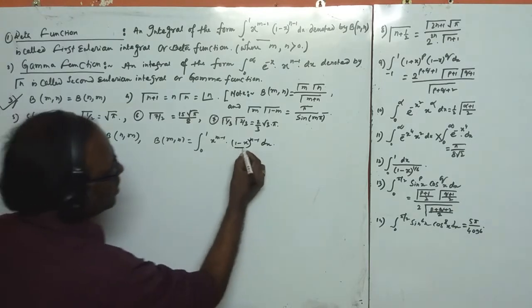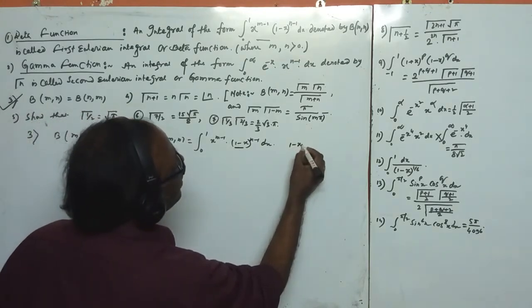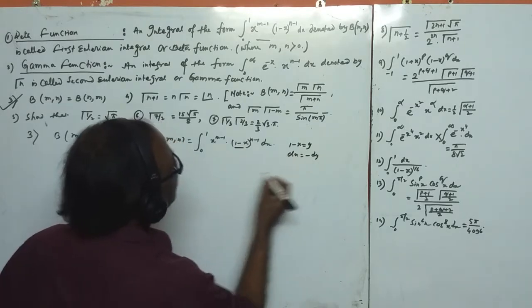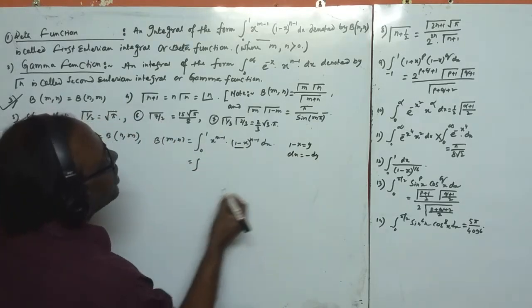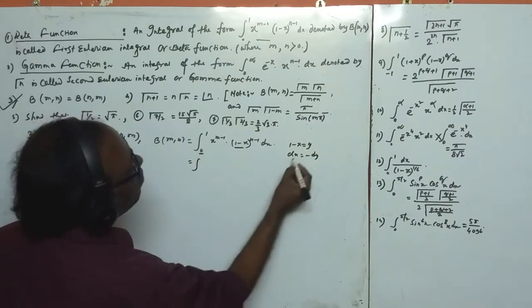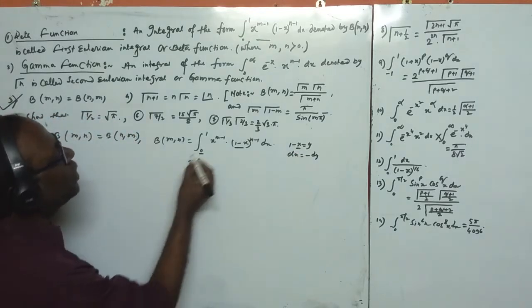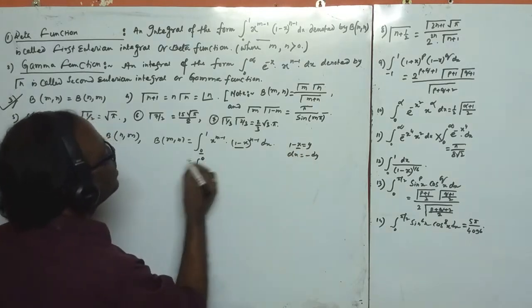Now let us assume 1 minus x is equal to y, so dx is equal to minus dy. Changing the limit, if x is 0, then the value of y is 1, and if x is 1, then y is 0.